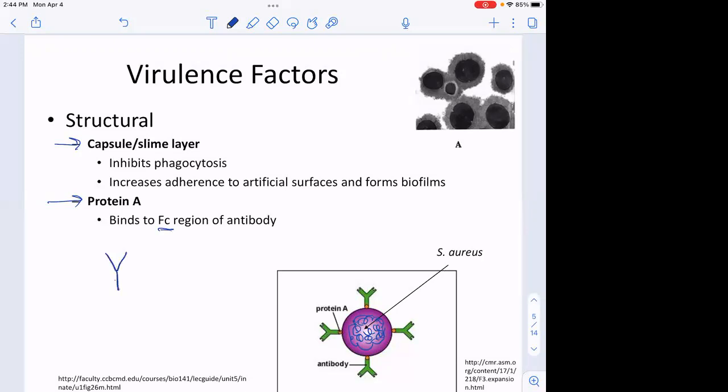Remember, if this is an antibody, up here at the ends, that's the fragment of antibody binding. And then the stem region, that's the Fc portion. So it's up here at the fragment of antibody binding where the antibody is going to work to bind and neutralize adhesion proteins, for example, or bind to a toxin to neutralize it.